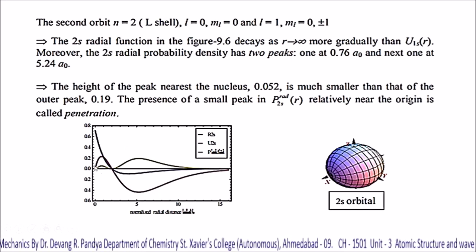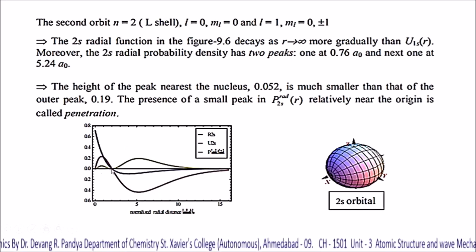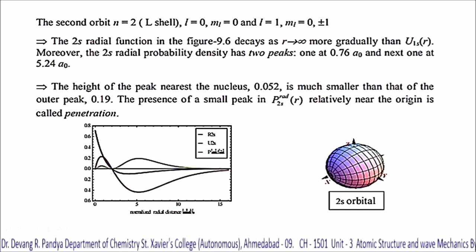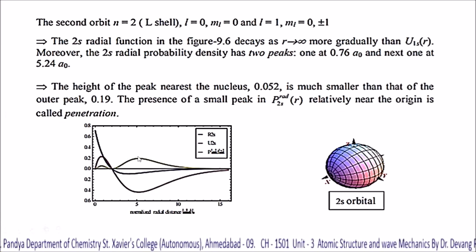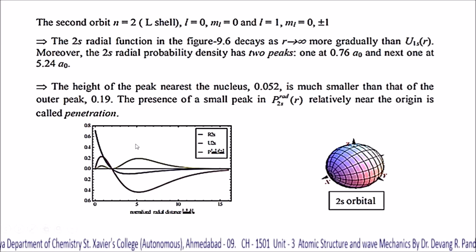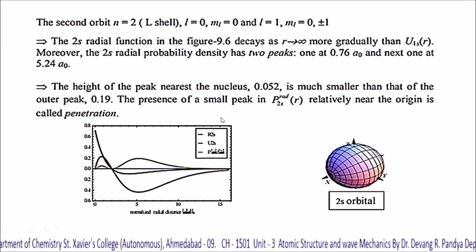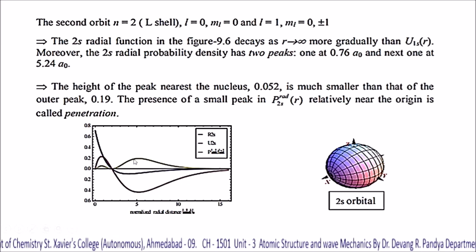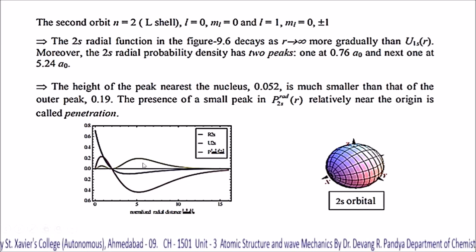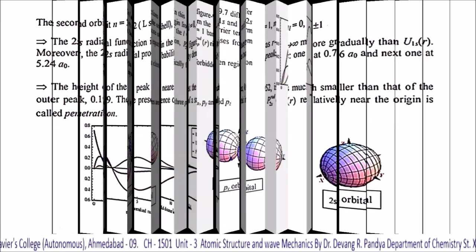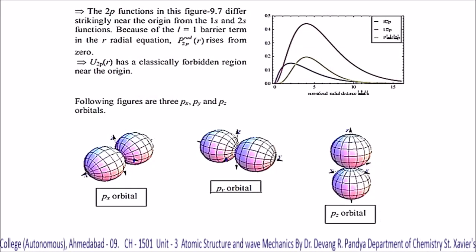So here you can see the penetration, and this one is the node area, and after this is another peak where we find the presence of another electron, at a distance 0.76. So this is going to be the radius of the 2s orbital, that is of helium. So that way we can find out the distance from the nucleus and the behavior of the electron.